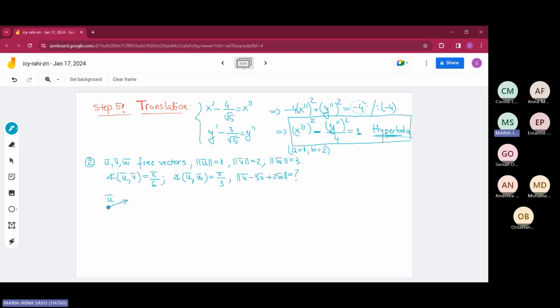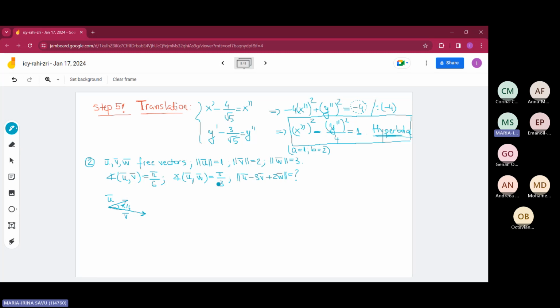So this is 30 degrees, pi over 6, and this is v. And w is a vector of length 3.